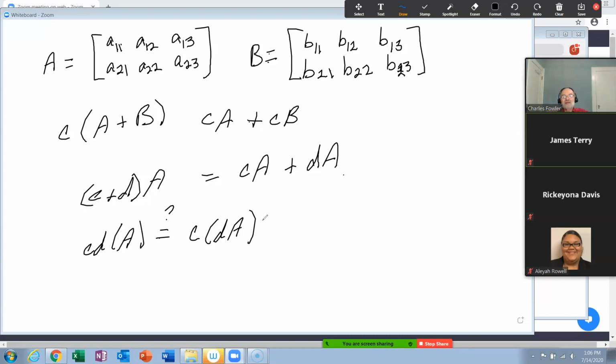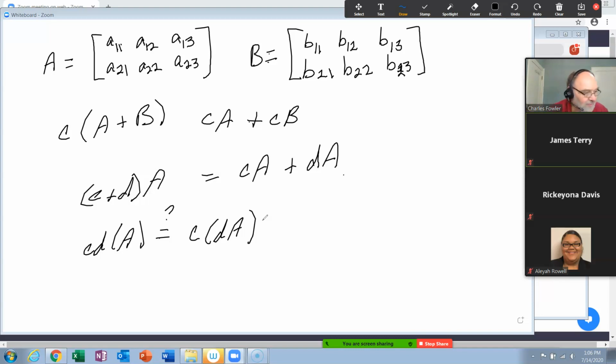Now, every one of those had a C in it. Factor that out, and what you have is C times DA11, DA12, DA13, second row, DA21, DA22, DA23. Well, that's exactly C times DA, of course.